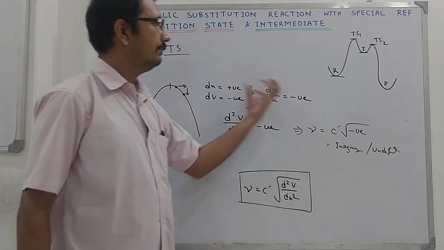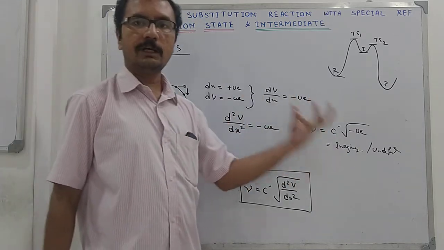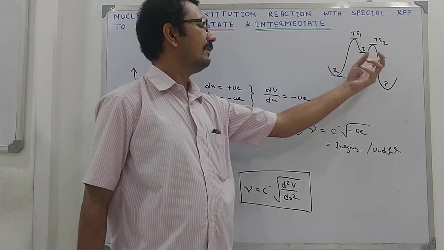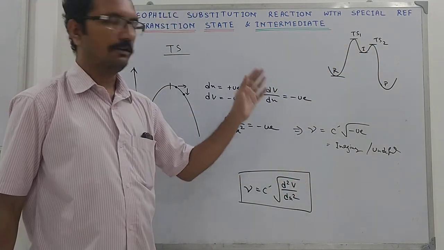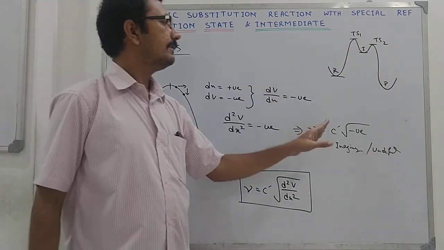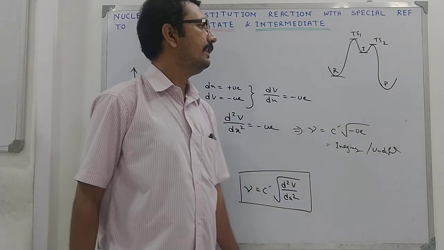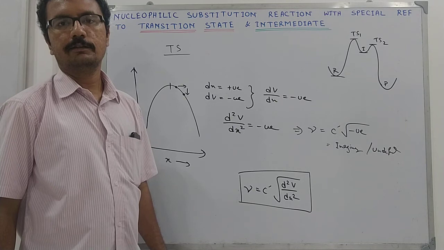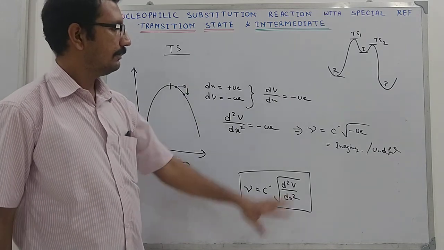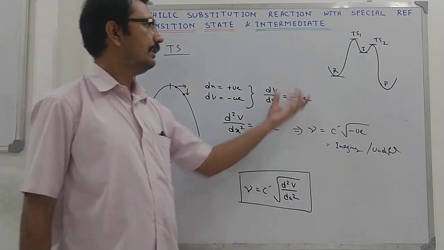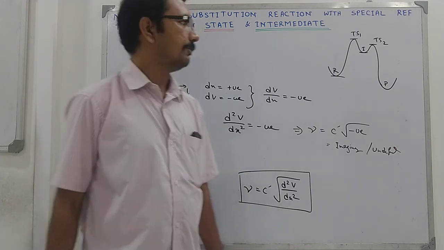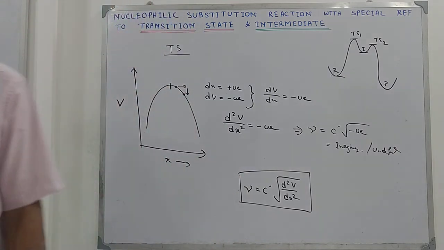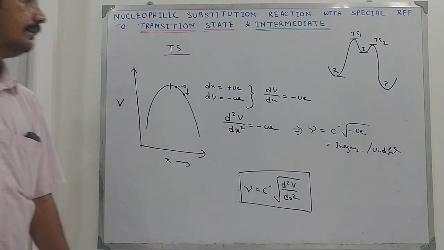This is a theoretical proof that the transition state is hypothetical, not real, and hence it cannot be accessed, it cannot be scavenged. So this gives a theoretical support to the experimental observation. That is all about transition state and intermediate.